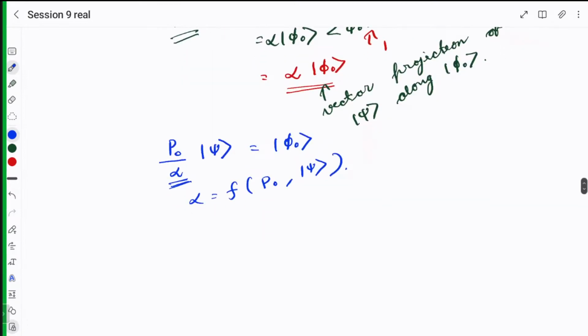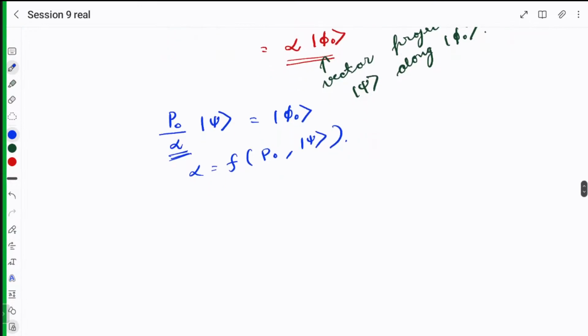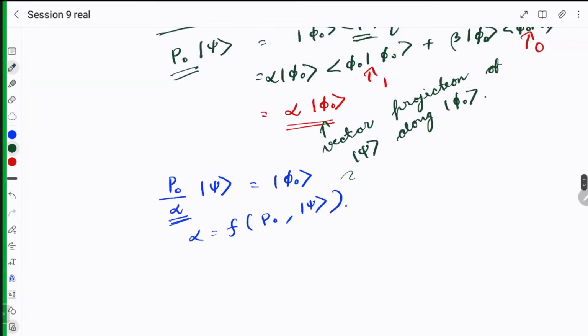So from here, if I take the dagger on both sides, then ket phi naught will become bra phi naught, and here we will have something like P naught dagger by alpha star, bra psi.